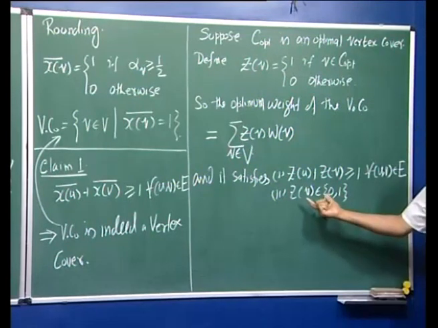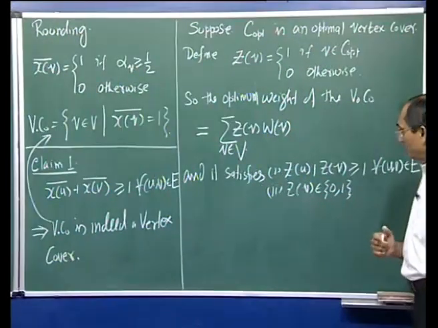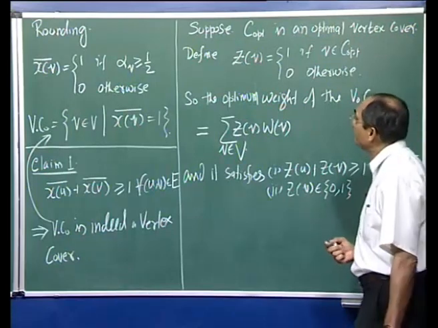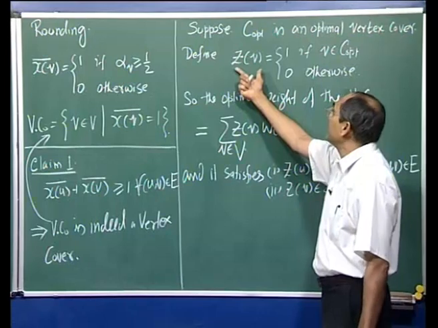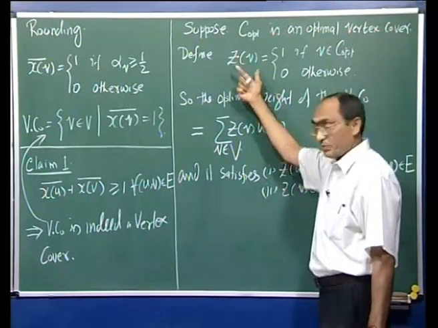So, every one is either 0 or 1. Hence, well, it is not a surprise that this is the optimum solution of the integer program.